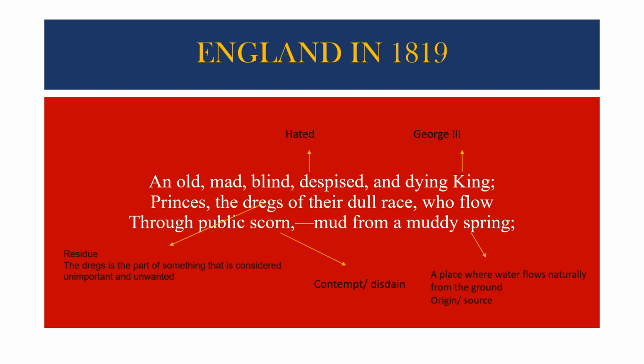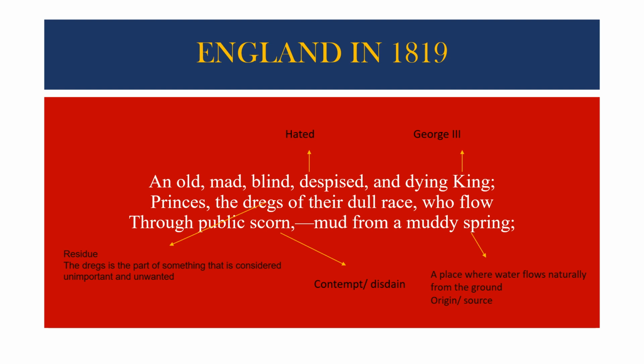Because the princes also at that time were indulging in all kinds of pleasures, and they were living in luxury, and they had habits which were highly immoral, and they were spending extravagantly, and they were not paying attention to the kingdom. So these princes are also not good examples of rulers, and they are also hated by the public. So that's why he says, who flow through public scorn.